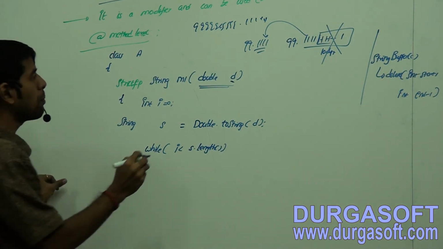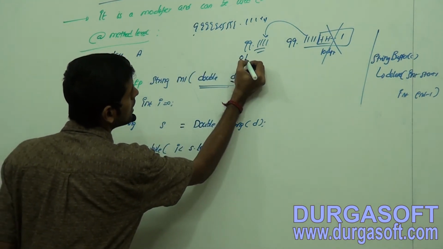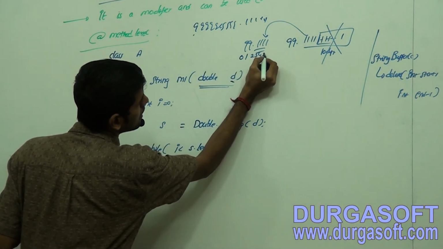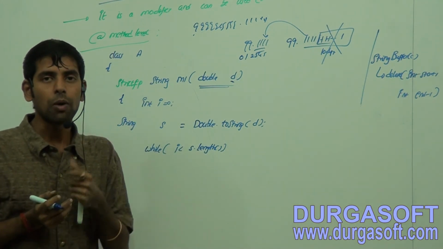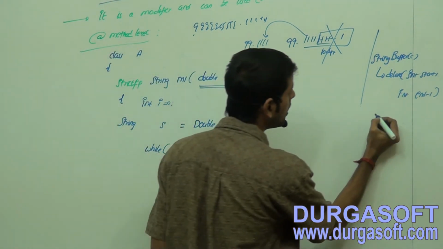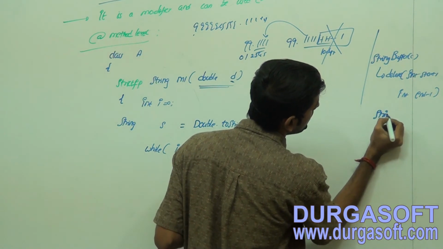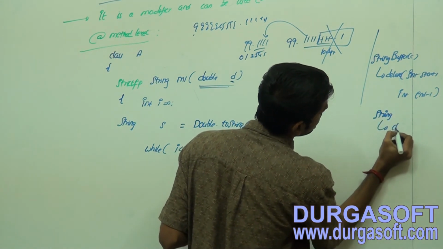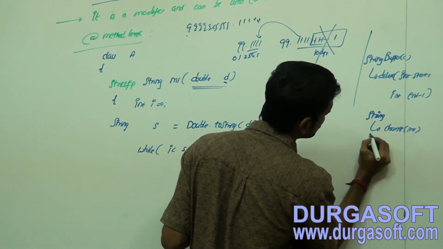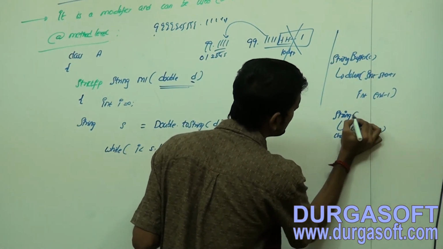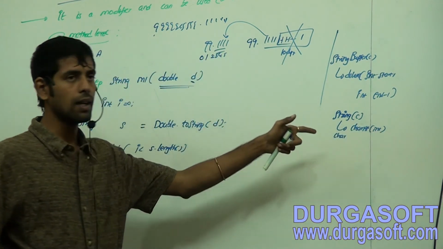How to get the character at a particular index? By using the method called charAt. It gives the return type char, which is available within the String class.